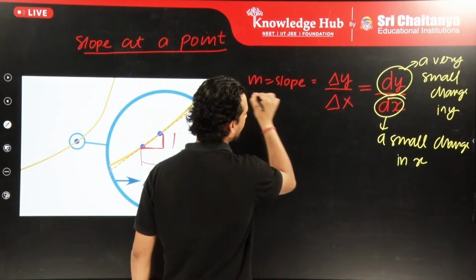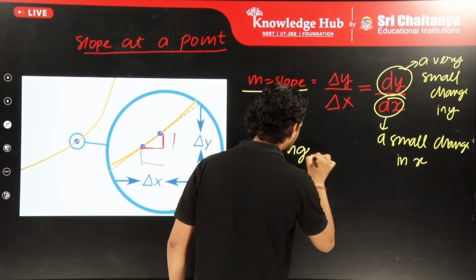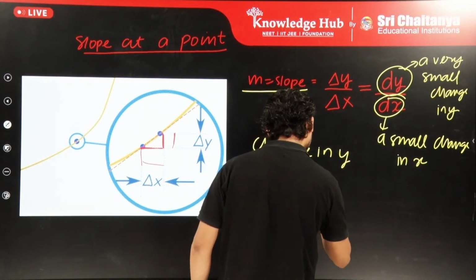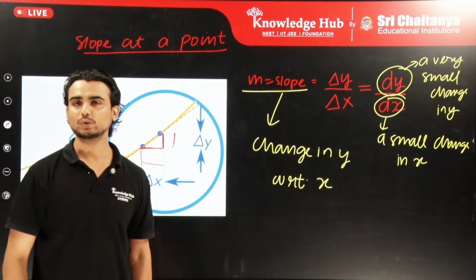So what is slope now? Change in y with respect to x, right? Change in y with respect to x.